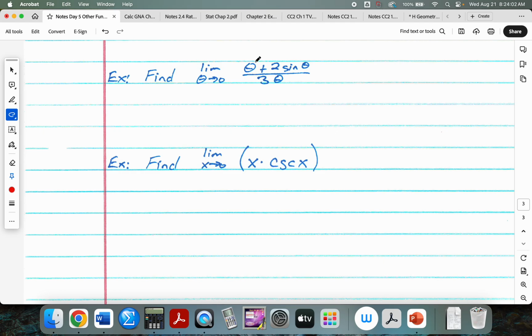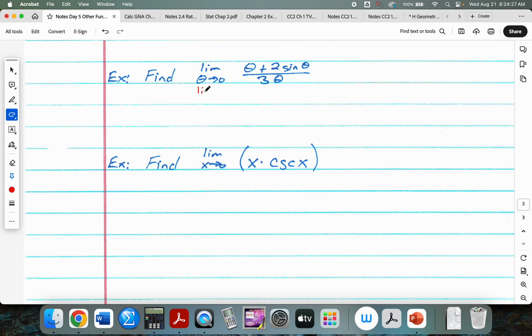As theta goes to 0, notice my numerator goes to 0 and so does my denominator. Anytime that happens, you're going to have to do some sort of manipulation to that function. Note that I have 2 terms in the numerator and only 1 in the denominator. That means I can break it up into 2 separate fractions with a denominator of 3 theta.